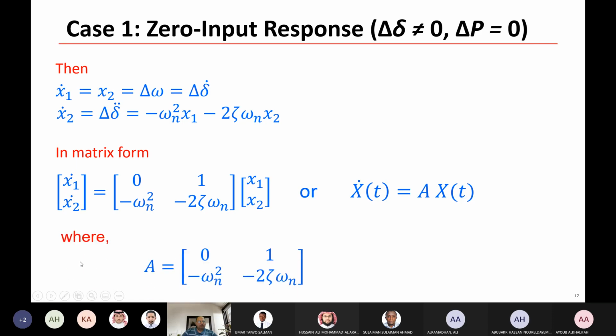So this is the state matrix A, and you have here this is delta omega dot, and this is delta delta dot.